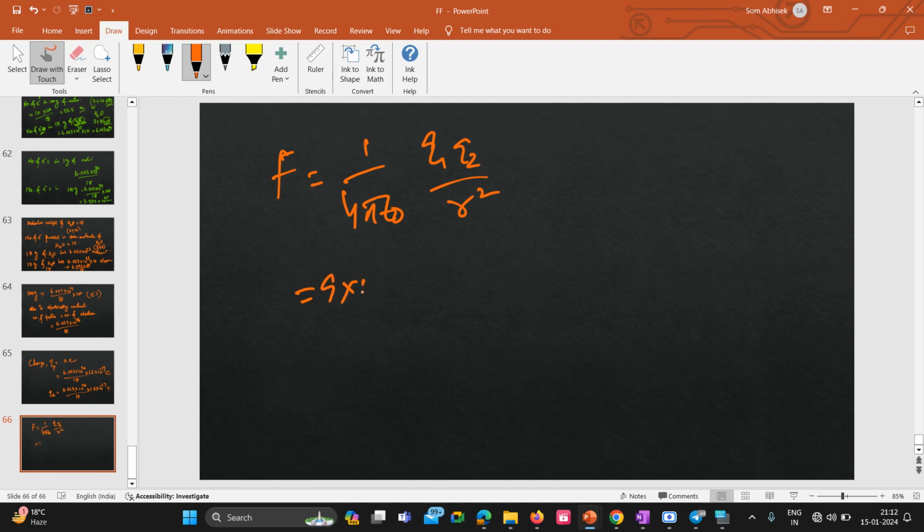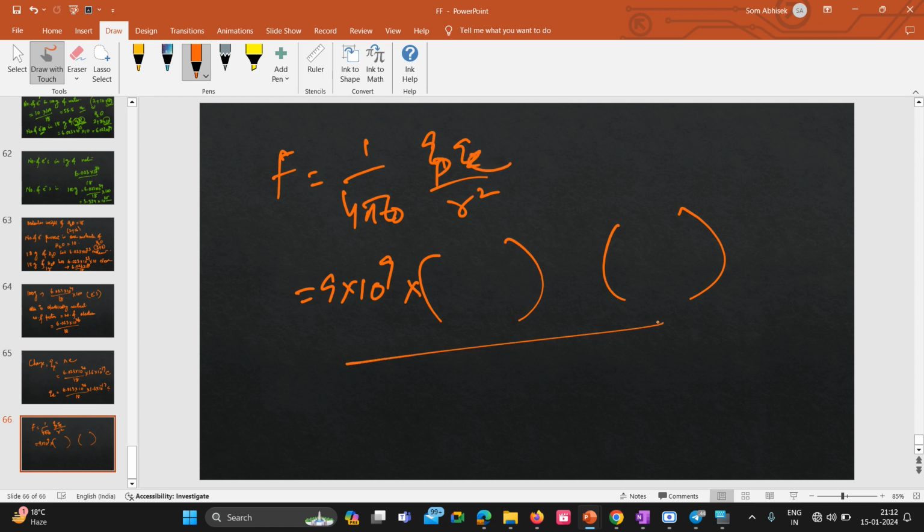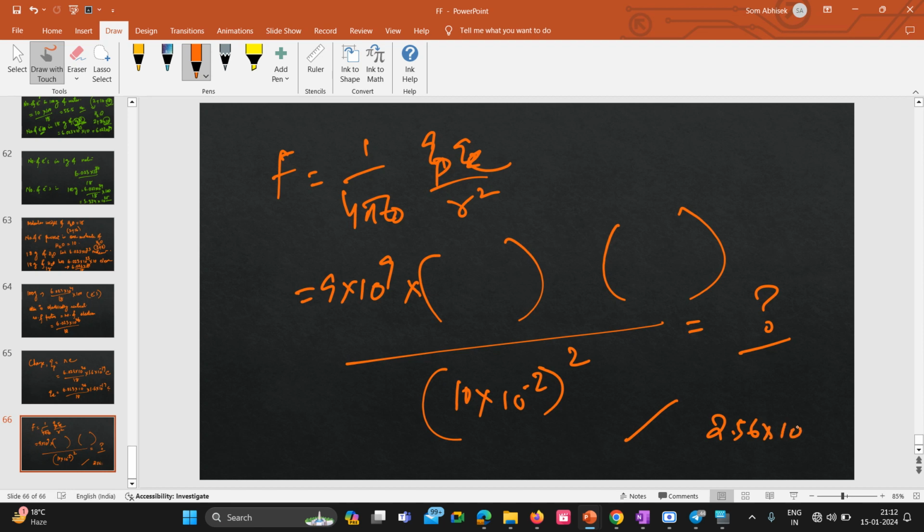So 9 into 10 to the power 9, into these two values we have got as QP and QE, and you just put 10 centimeter, that means 10 into 10 to the power minus 2 meter, squared. That would be the answer. Is that right? Okay. Yeah, that's the correct answer. If you calculate, you will get 2.56 into 10 to the power 25 Newton.